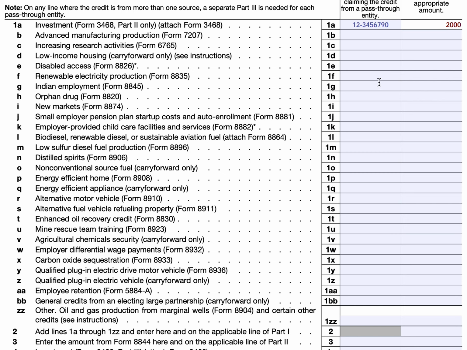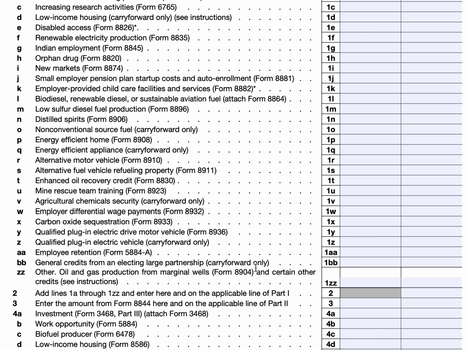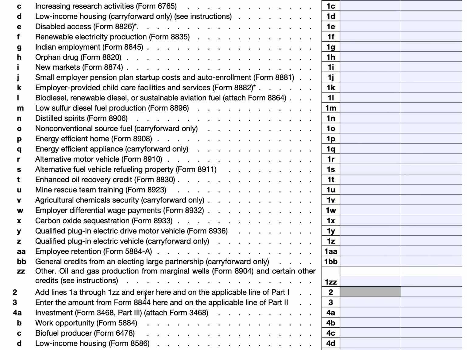And once you complete all of these different line 1s, then you would go to line 2 and you would add the totals of lines 1A through 1ZZ. So let's imagine that you had a bunch of other tax credit carry forwards. So it could be from Form 3468. There are several other forms like IRS Form 5884.